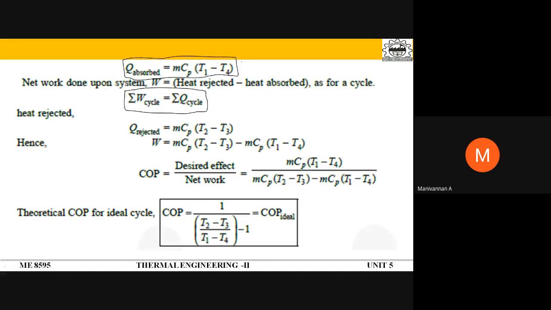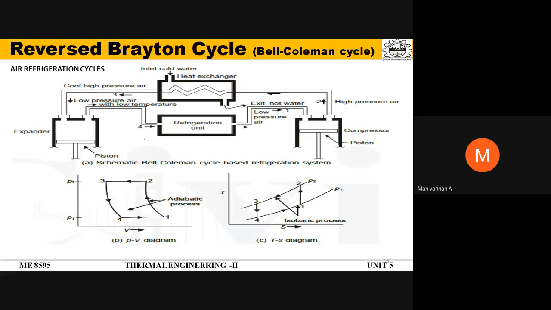Heat absorbed, we know, is m into Cp into T1 minus T4. What is the heat rejected? We remove the heat in the heat exchanger. The hot air that goes into the heat exchanger is at a temperature T2, and the air that comes out after removing the heat from the system is T3.